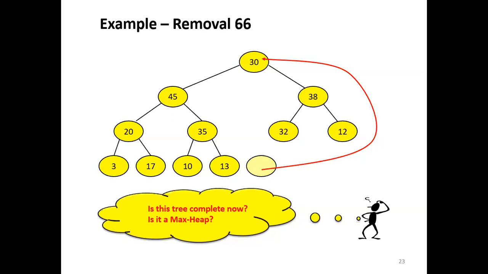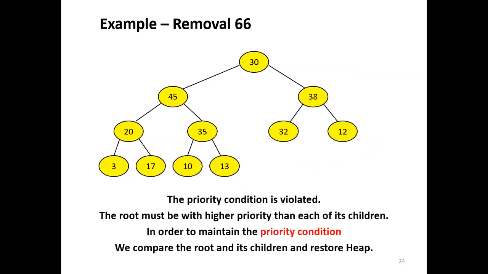So the next step is to make it a max heap. How do we go about making it a max heap? For us to make it a max heap, we have to perform some operations. We have to look at the root node and compare it with the children nodes.